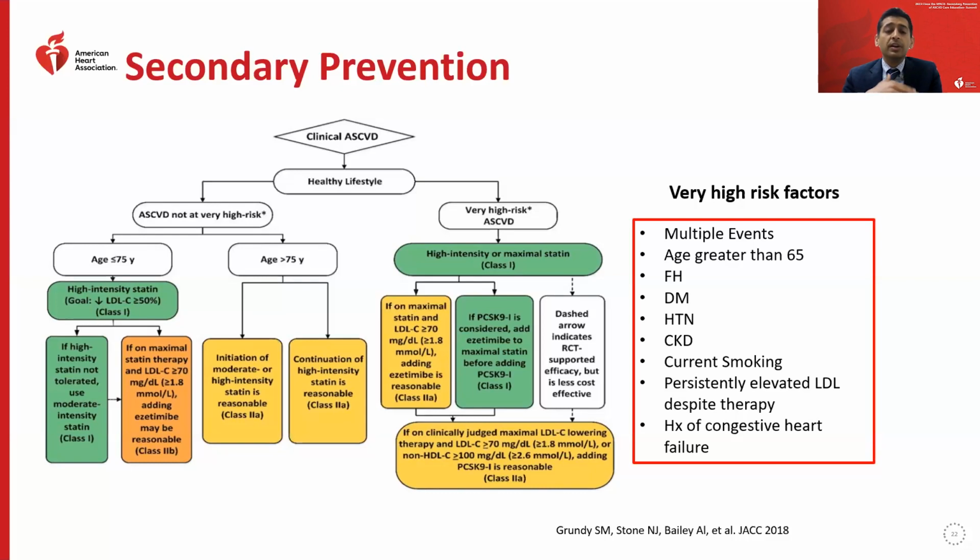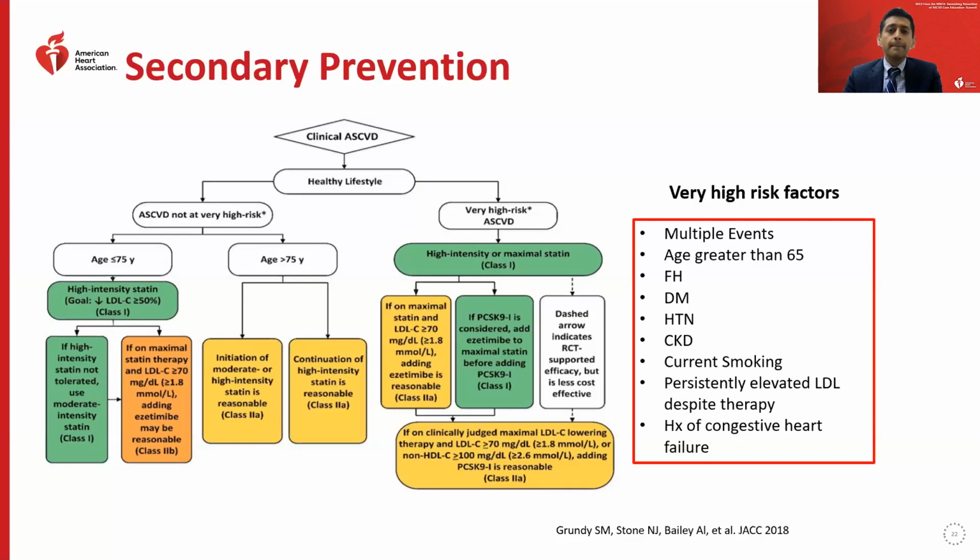Now, in the guidelines, they kind of go into classification of very high risk ASCVD and those not at very high risk. And a lot of that is based on comorbidities and age. And so I've listed here in this red box sort of the very high risk factors, right? So very strong family history, diabetes, persistently elevated LDL despite therapy, a history of heart failure, other complication of a myocardial infarction, older age, CKD.